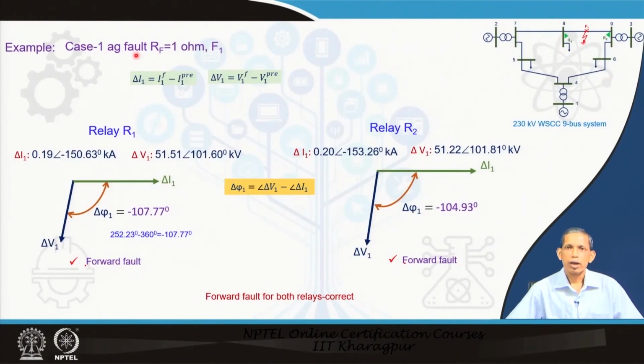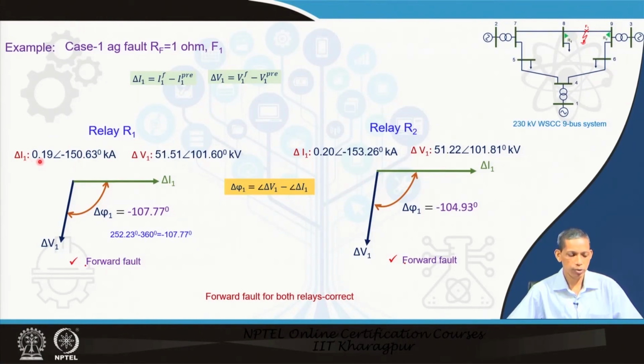Now, we will employ the principles. First we compute delta I1, which is I1 fault minus I1 pre, and delta V1, which is V1 fault minus V1 pre. For relay R1 we have already computed the positive sequence currents and voltages.